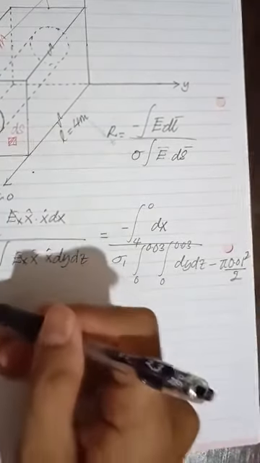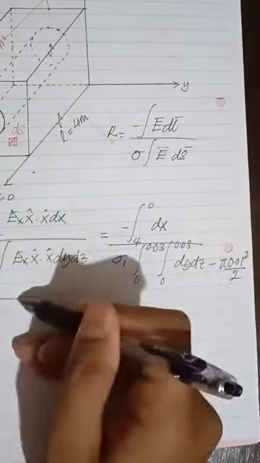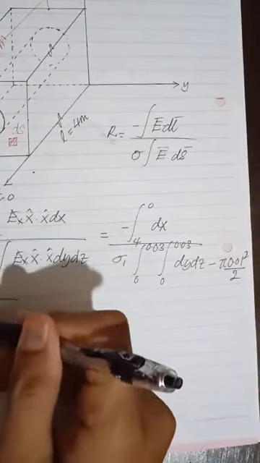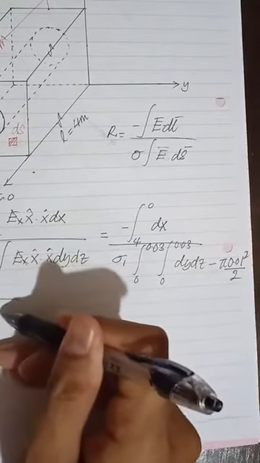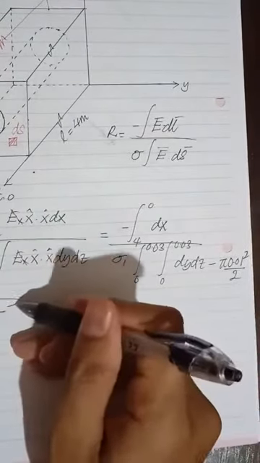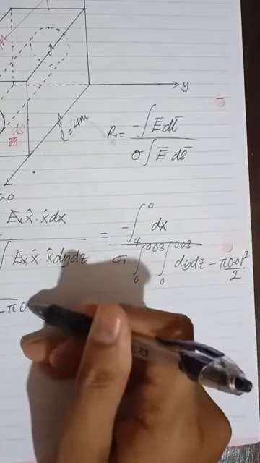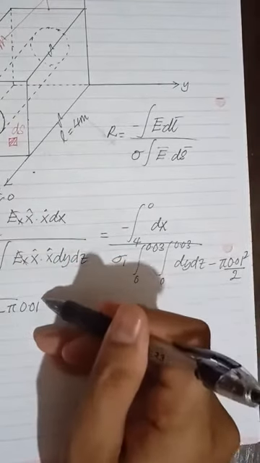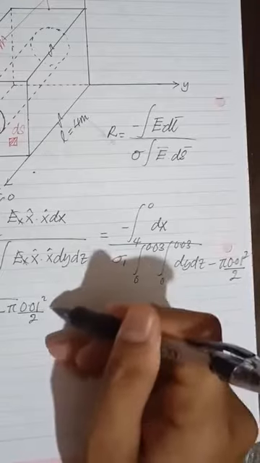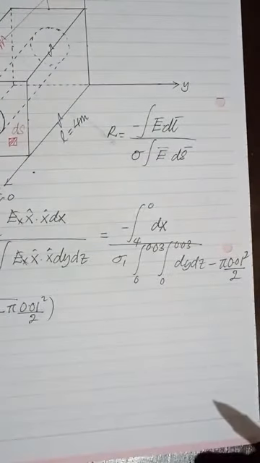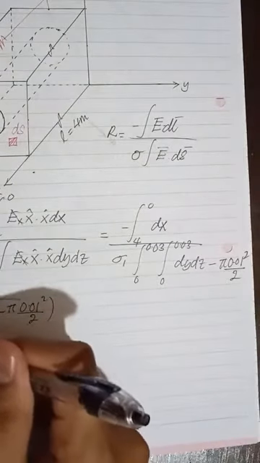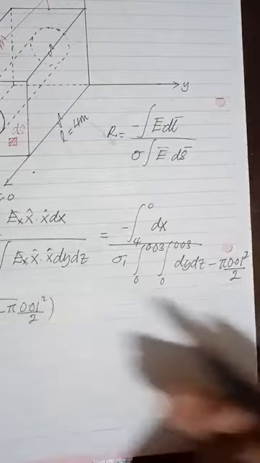The first one is going to be 4 over sigma 1, and then the area of the square becomes 0.03 squared minus pi times 0.01 squared over 2, and we know, guys, that this sigma 1 is given as 5 times 10 to the power of 6.